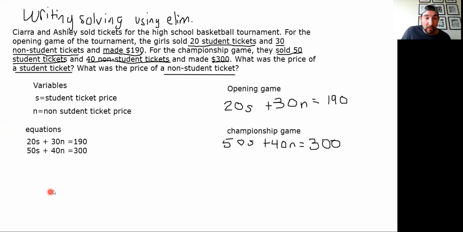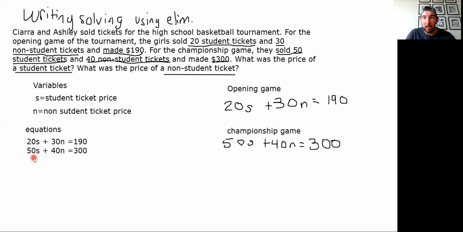Now, when it comes to solving, this is one of those systems that works really well for elimination. For elimination, I need my S's to match or be opposites, and I need my N's to match or be opposites. So right now, I'm going to change this S to match that S. How do I change a 20S into a 50S?